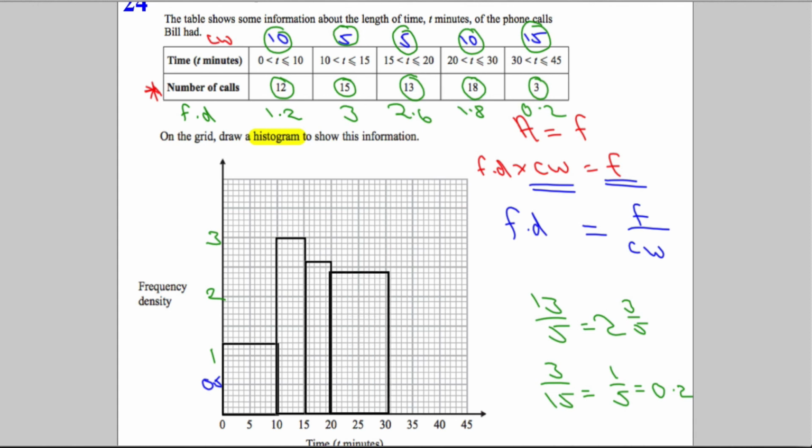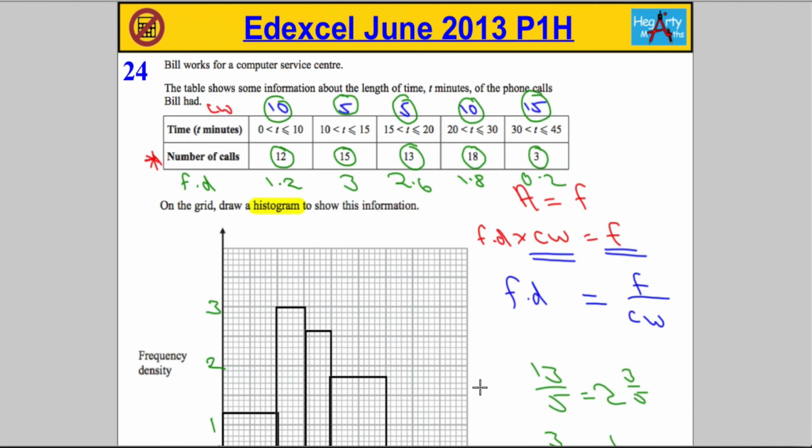So up as far as there, 1.5, 6, 7, and 1.8. And then finally, bar width of 15 up to 0.2. That's going to be quite a small rectangle height-wise, but quite wide. So there we go. And that should complete the histogram for a total of 3 marks.